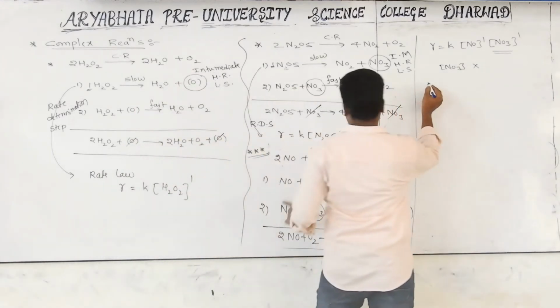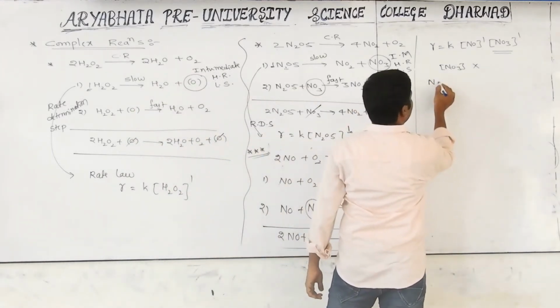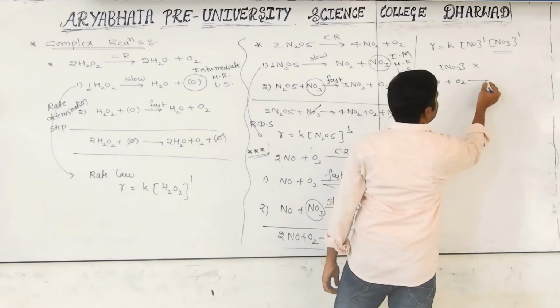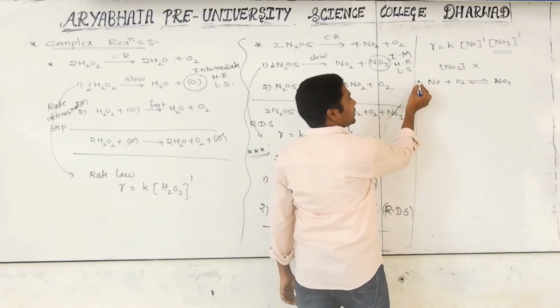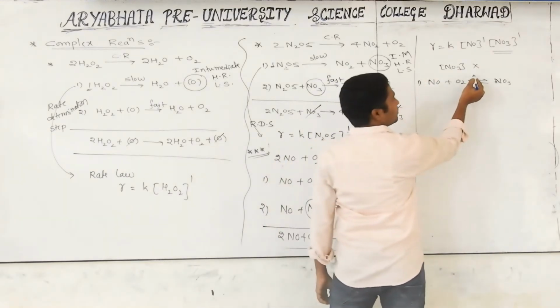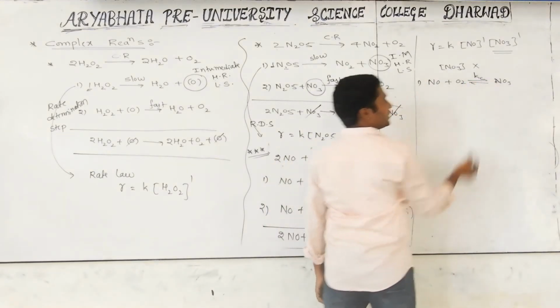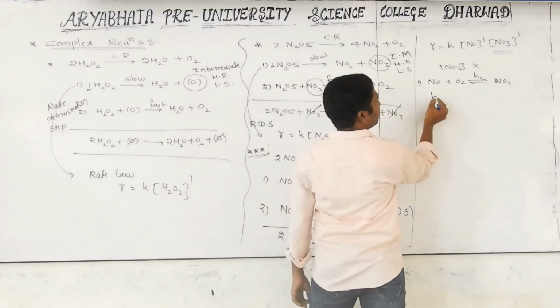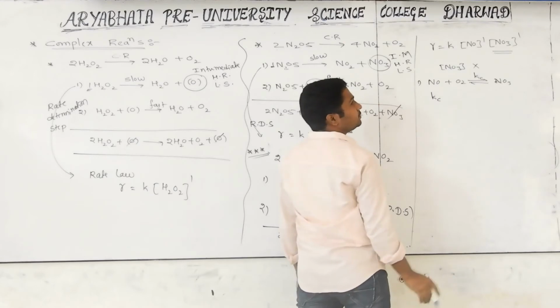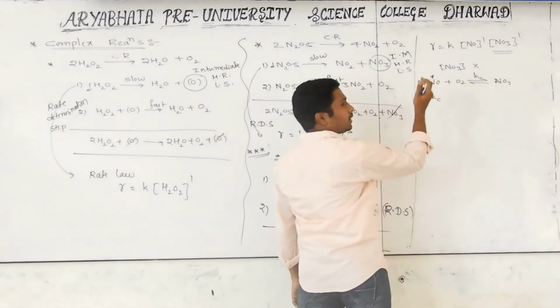Take the first step. What is the first step? NO plus O2 is reversible with NO3. Okay, it is a reversible reaction. For a reversible reaction, equilibrium is there. Equilibrium is there means the equilibrium constant is there. The formula for the equilibrium constant is the concentration of the products by the reactants.